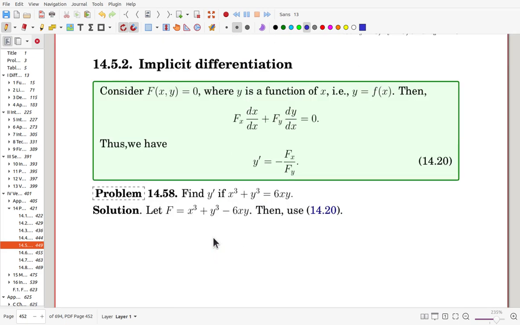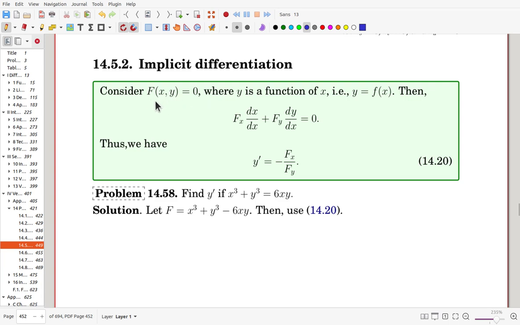Implicit differentiation. We start with the function capital F as a function of x and y. Now y is a function of x. Then we can take the x derivative.